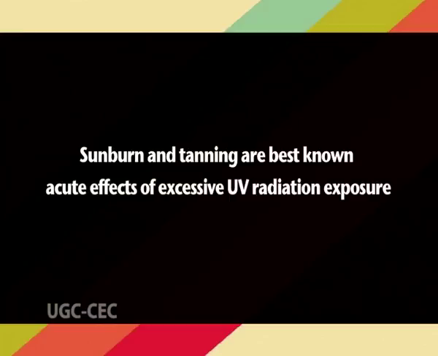Prolonged human exposure to solar ultraviolet radiation may result in acute and chronic health effects on the skin, eye, and immune system. Sunburn and tanning are the best known acute effects of excessive ultraviolet radiation exposure.